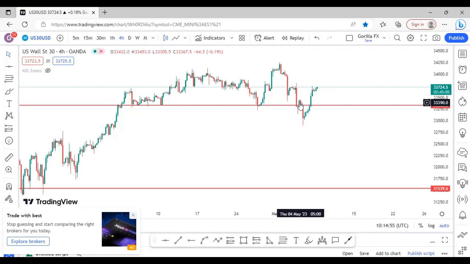When you are backtesting this strategy, you see what the market does after certain things. So as you can see here, this is how you mark off your weekly resistance and support.